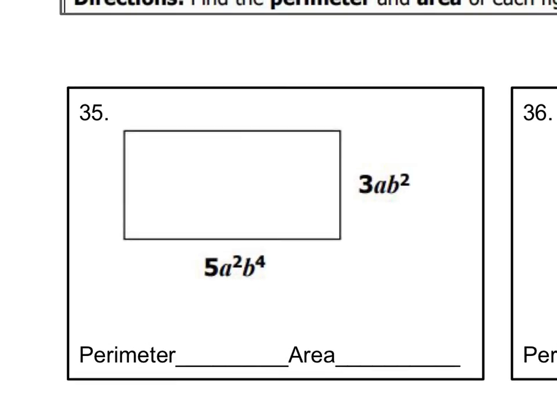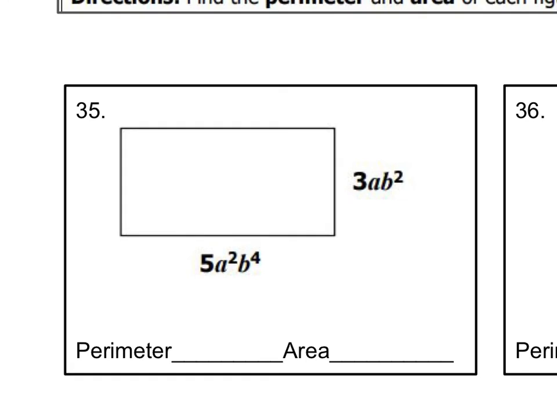All right. Looking for perimeter and the area. Perimeter is when we add up all the sides. And this is a rectangle, so the widths are the same and the lengths are the same.